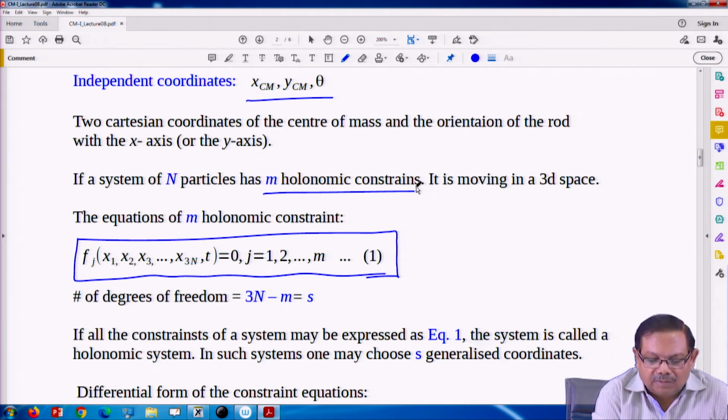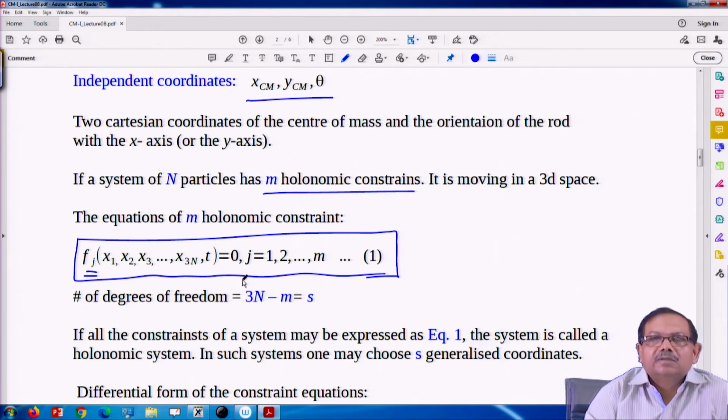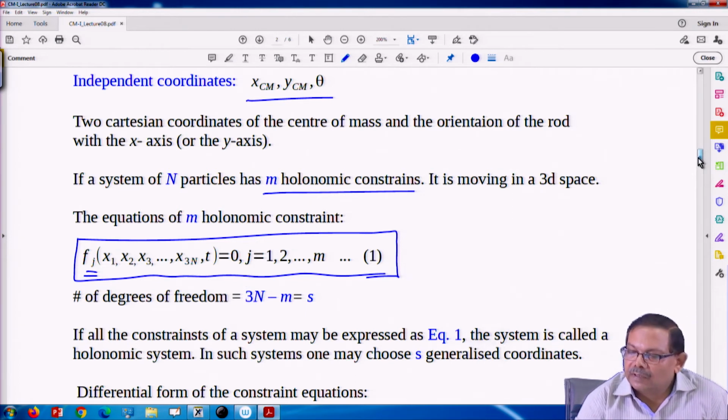It is moving in 3-dimensional space, and I have m holonomic constraints. So, f_j, which is a function of all 3n coordinates, and maybe it is a function of time also, is equal to 0 for j from 1 to m. So, there are m such constraint equations.